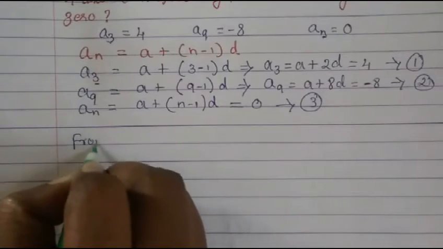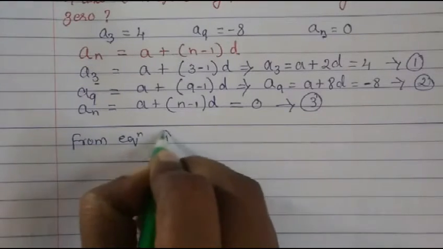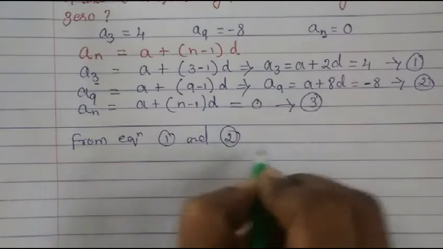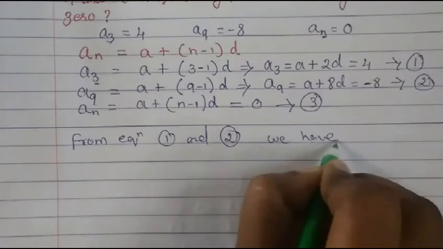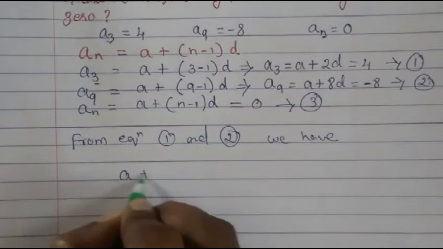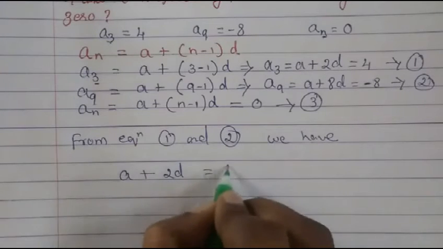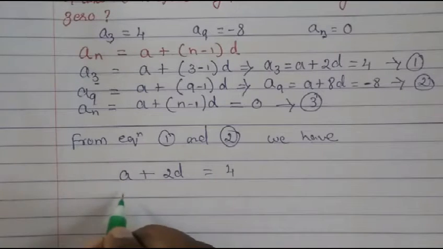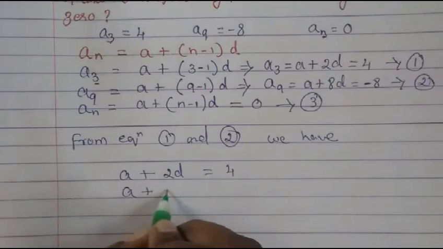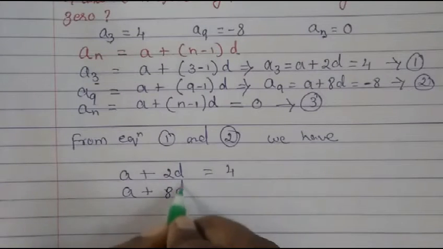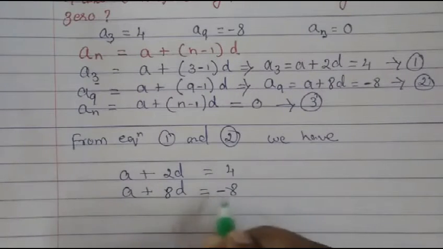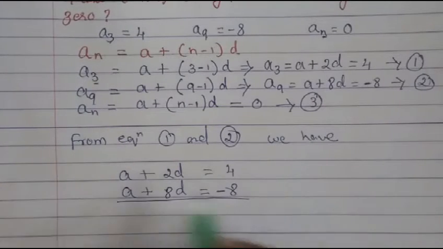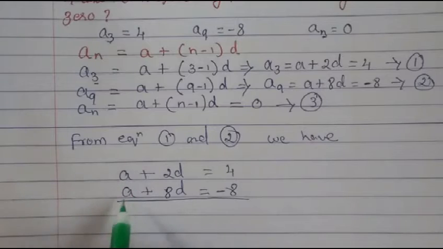From equations 1 and 2, we have A plus 2D is equal to 4, then A plus 8D equal to minus 8. Now let's change the sign, because elimination method means we have to eliminate. Both are in plus, so we can't eliminate. So let's change the sign.